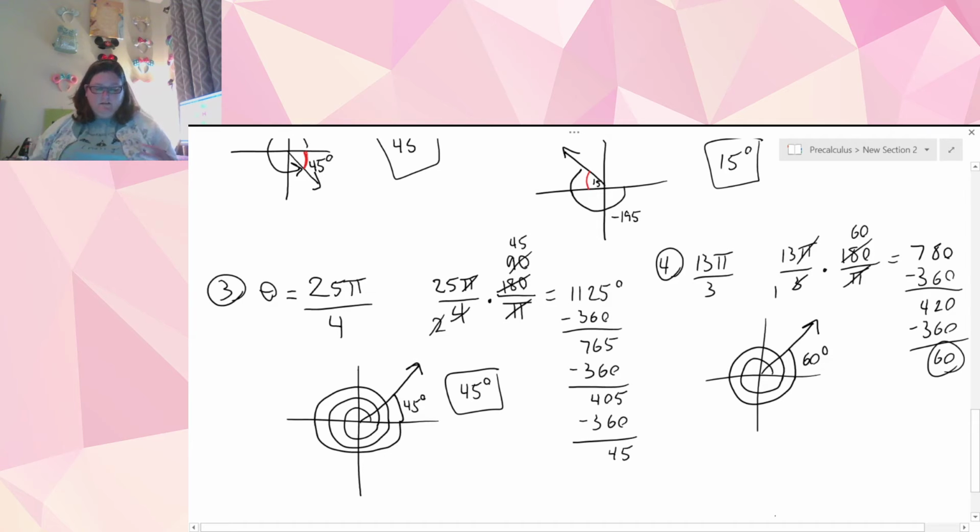In our case, we probably should change these back to radians. Let me go back to the last problem. If we take 45 degrees and change that back into radians, we want pi, so pi goes in the top. 45 and 180 have 45 in common, I think, if I'm not mistaken. I'm doing this in my head right now, so I apologize.